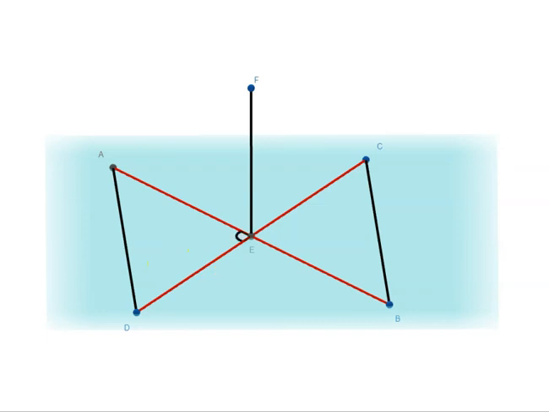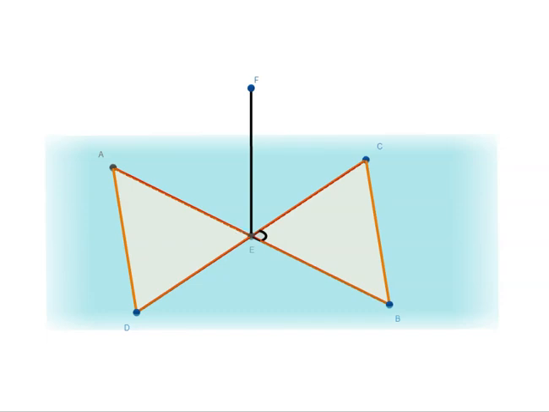Because angle AED is equal to angle BEC, vertically opposite angles. And we know AE is equal to BE, DE is equal to CE. So side angle side. Using that proposition, we can say that these two triangles are congruent.